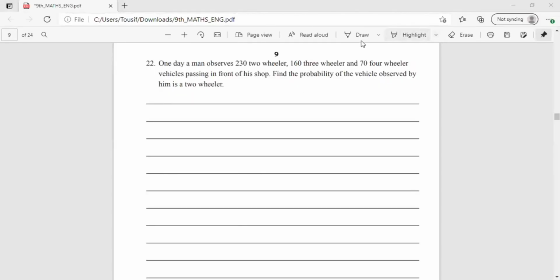The next one they are saying is to find the probability of the vehicle observed by a man being a two-wheeler. So let us write down the given data.